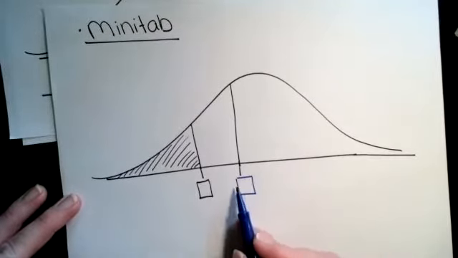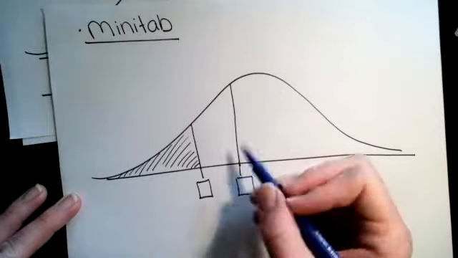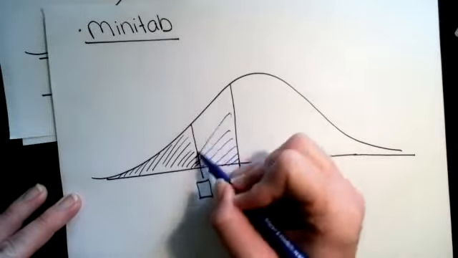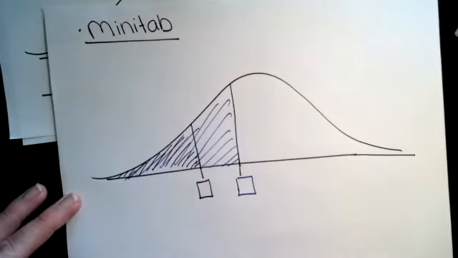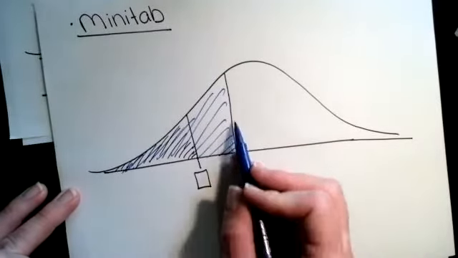Next, I'm going to take this blue box, this blue value, and I'm going to go back into Minitab again, and I'm going to put that in, and I will get the area to the left of that value here. So when I'm looking at that, I get this big chunk.